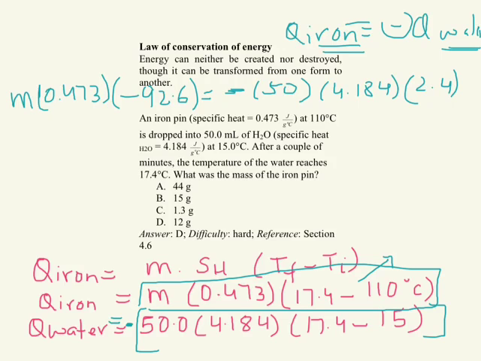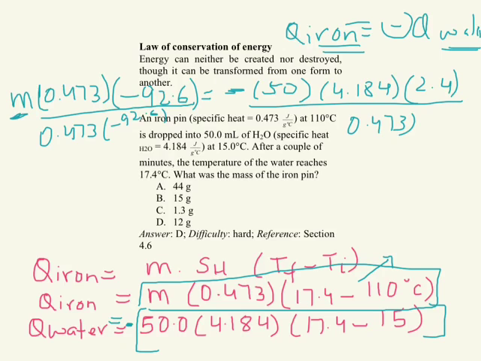And to calculate m, all you have to do is divide both sides by 0.473 times negative 92.6.